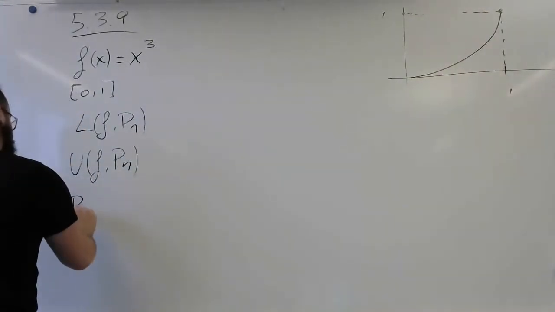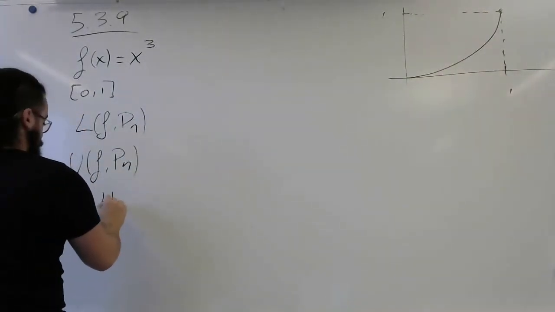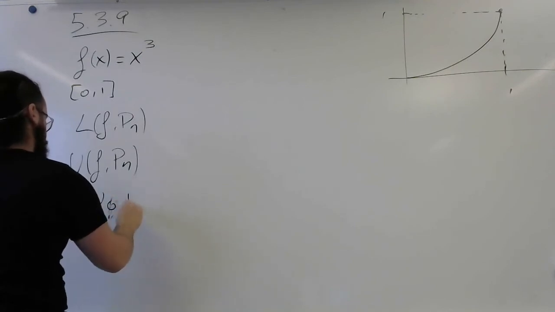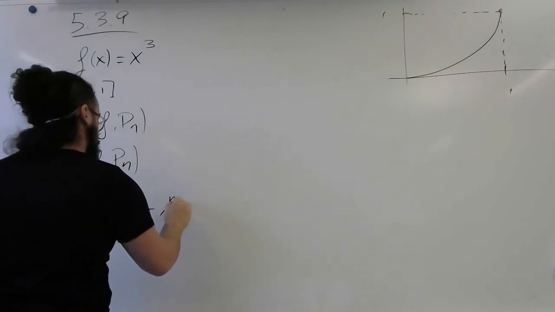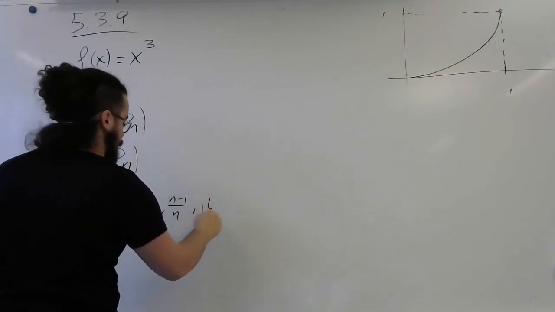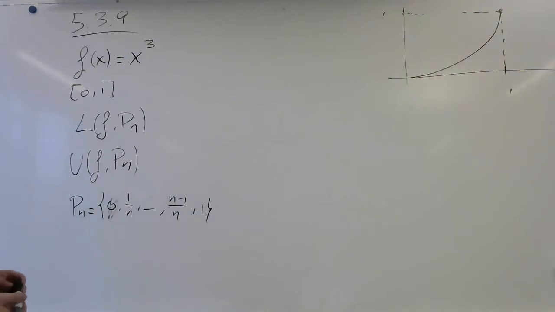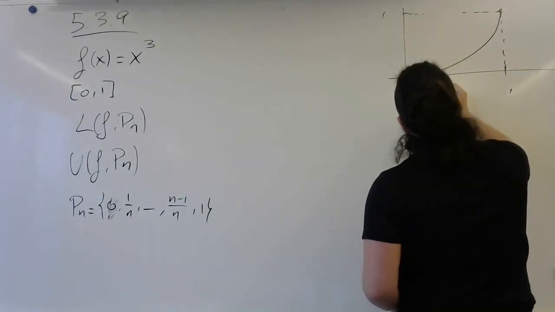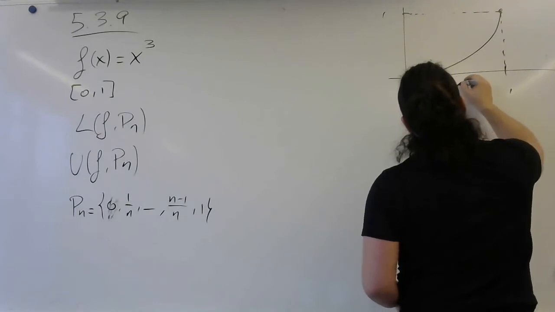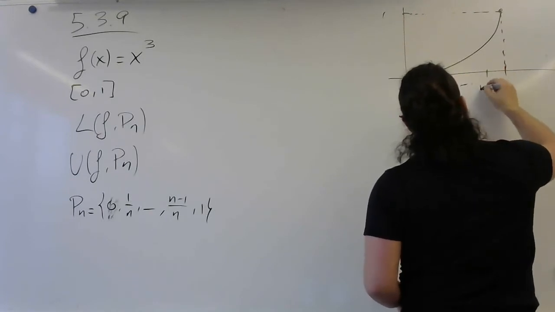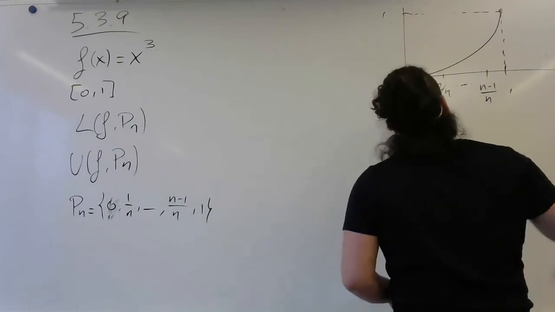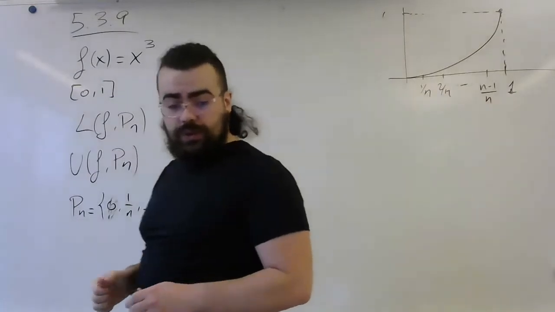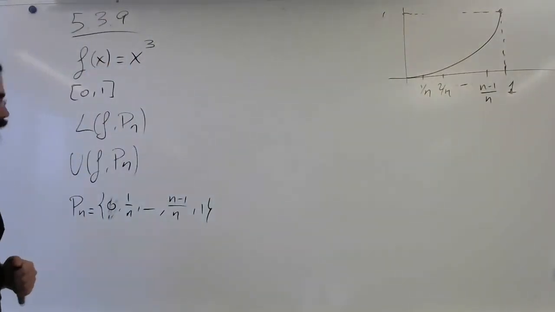And our partition is 0, 1 over n, up to n minus 1 over n, and 1. So we split this thing into n equal parts. So which one do you want me to begin with, lower or upper?